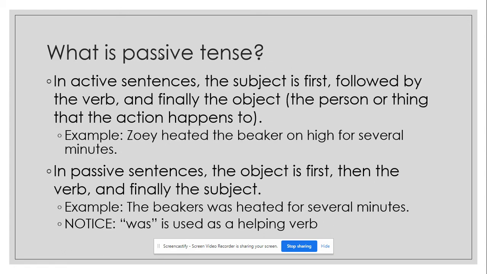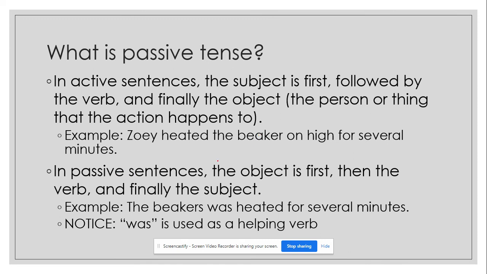So what exactly is passive tense? In active sentences, the subject is first, followed by the verb, and then finally the object, or the person or thing that the action happens to. An example of this is: Zoe heated the beaker on high for several minutes. So Zoe would be the person, the subject, heated is the verb, and beaker is the object being used.